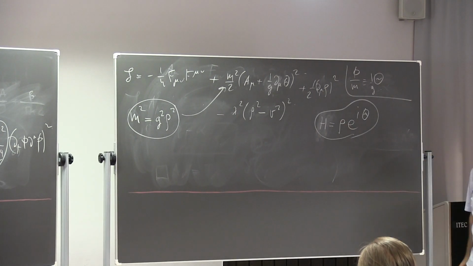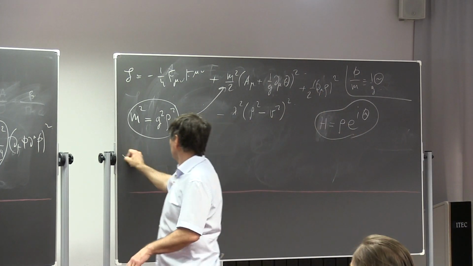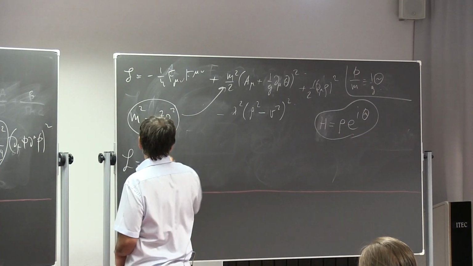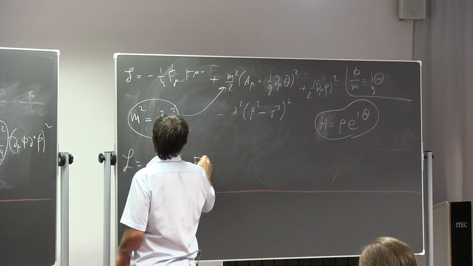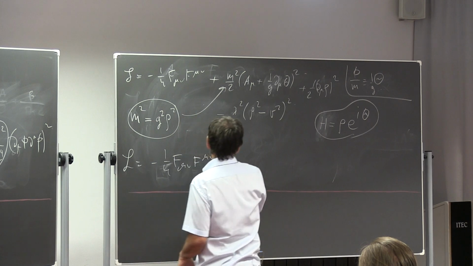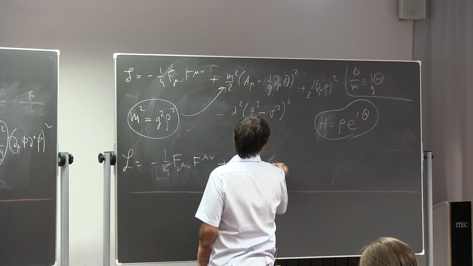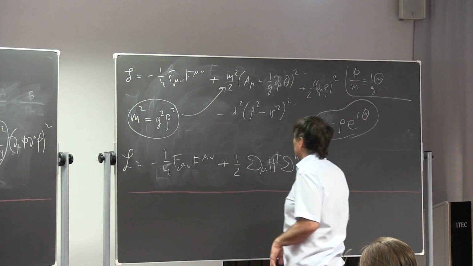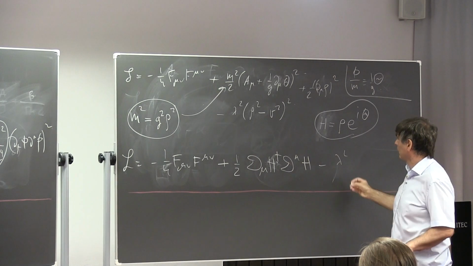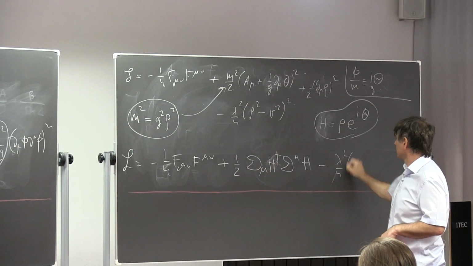All right. Now, in this language, you can immediately see that you can rewrite this Lagrangian simply. Oh, sorry. And let's put here 4.